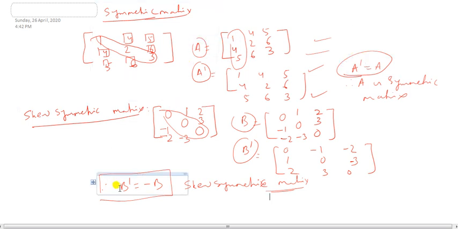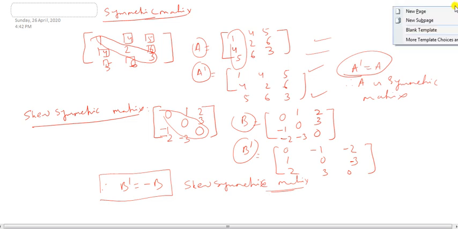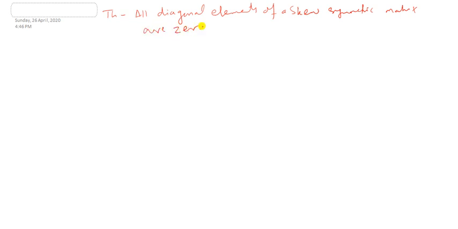Remember, symmetric means A dash equals A and skew symmetric means B dash equals minus B. So the first and most important question, always asked in the exams also, the theorem is: all diagonal elements of a skew symmetric matrix are 0. So this is my first theorem. Let me prove it for you.